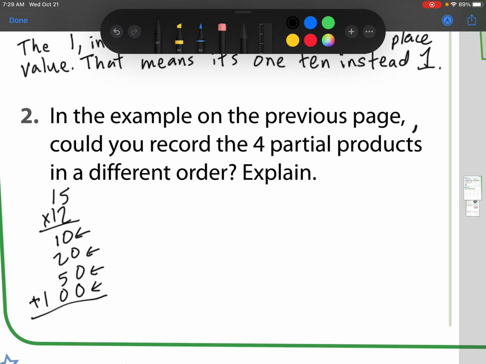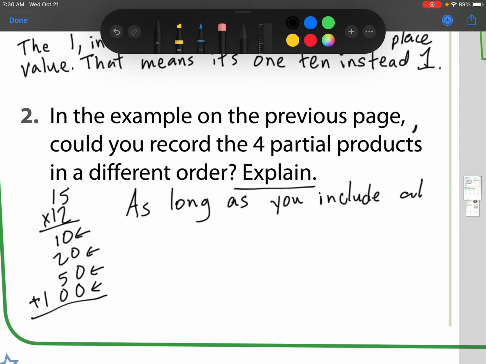As long as we have all of these partial products, remember our commutative property of addition says that you can add them in any order. So since we have that explained, this is what I'm going to be writing out. As long as you include all, so it should be 4 partial products because there's 4 place values altogether.